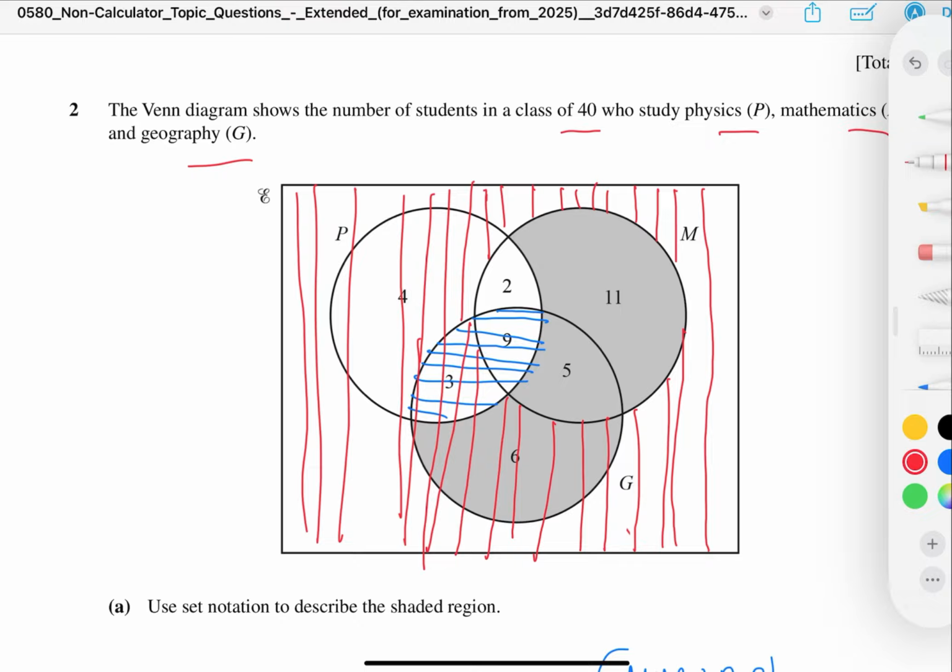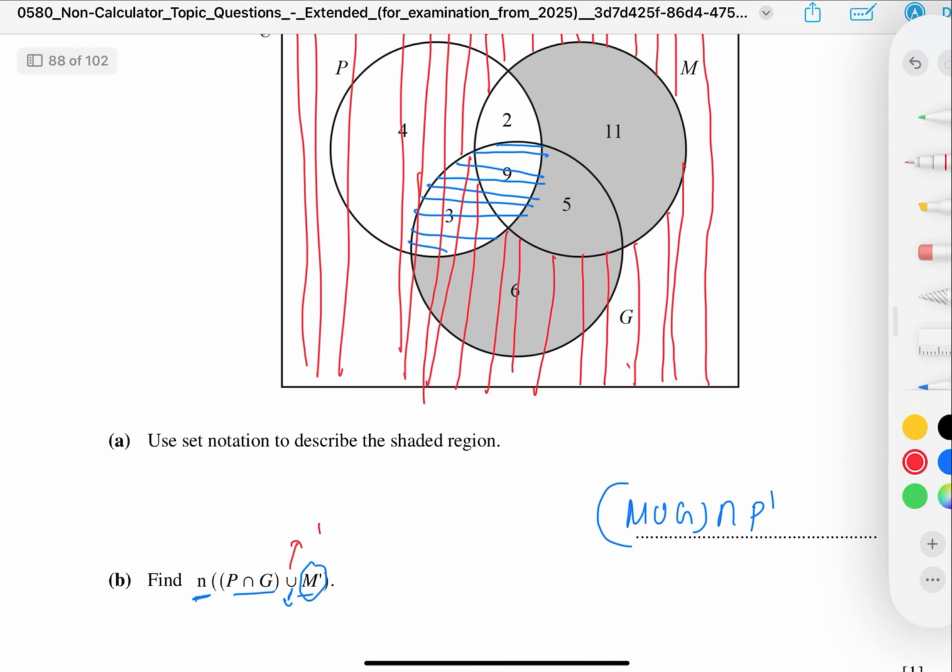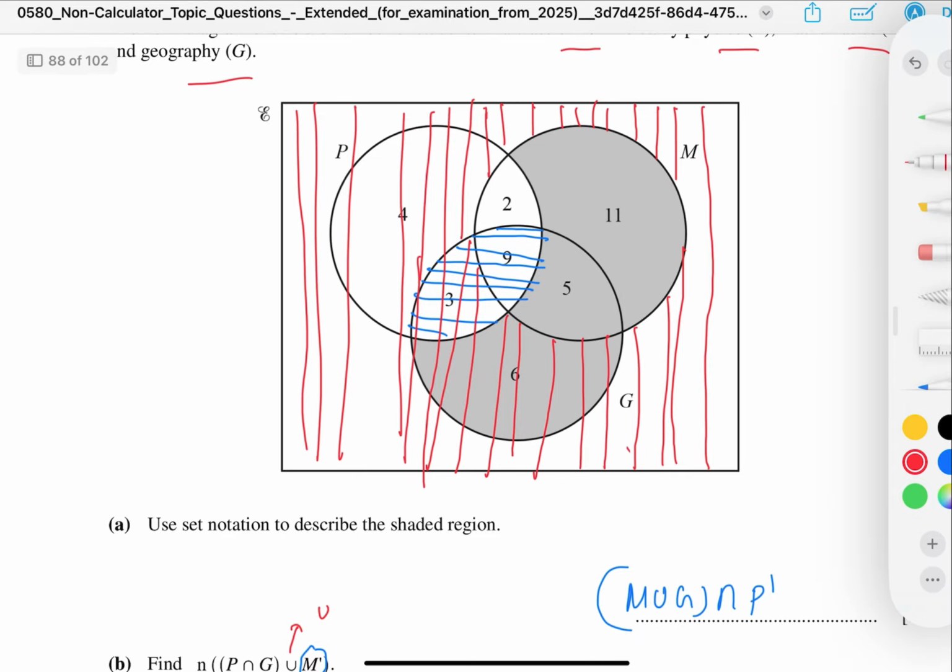Now, repeat after me what I'm saying. Union means wherever the line went. See, it went in all of the region except this one, and this one. Yes or no? Wherever the line went, shade that region. Union means wherever the line went when I was shading it. I have to cover all the region.